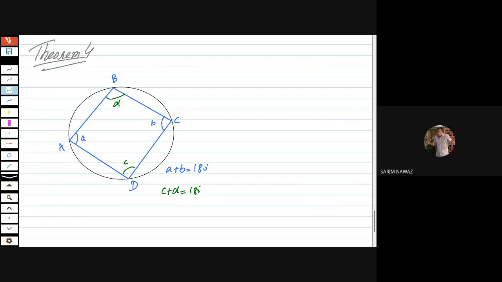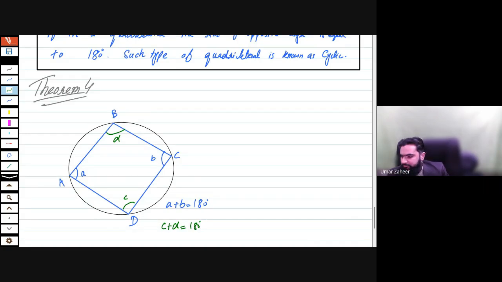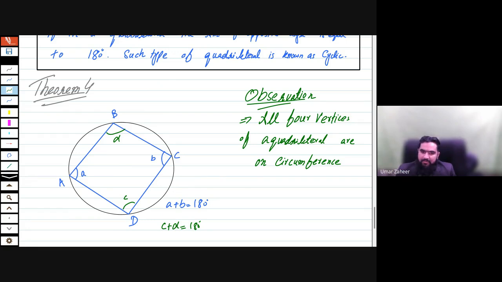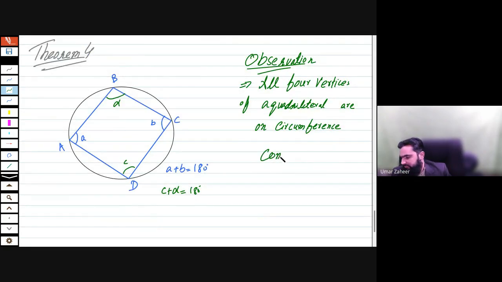Yes, sir. So the observation is, if all four vertices of a quadrilateral are on the circumference, then the conclusion is, yes, what is the conclusion?